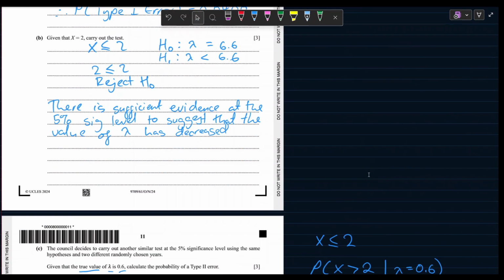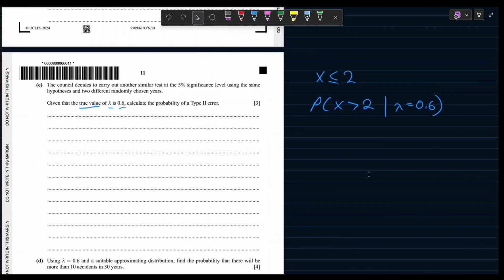So they've corrected lambda, but you have to be aware that we are dealing with 2 years, not 1 year. So you want to multiply that value by 2. So in fact, what you're looking at is x follows a Poisson distribution with your lambda being 0.6 times 2, which is 1.2. And so we want the probability that x is greater than 2.